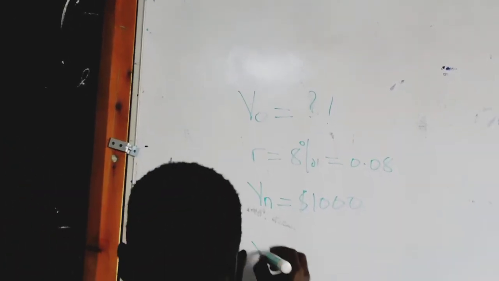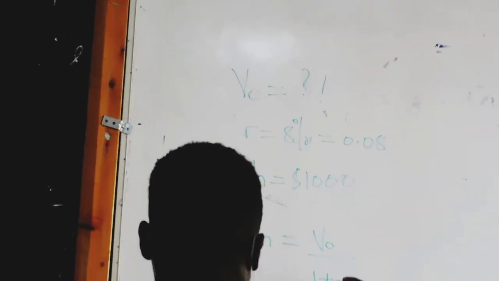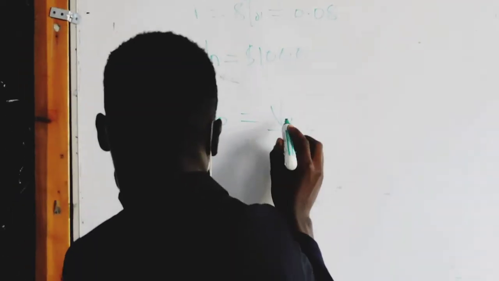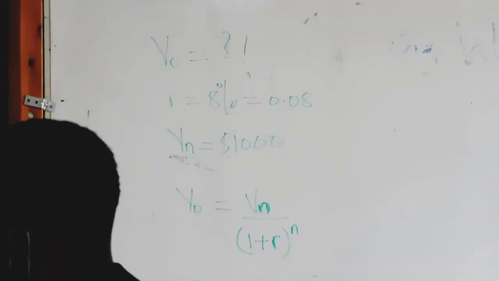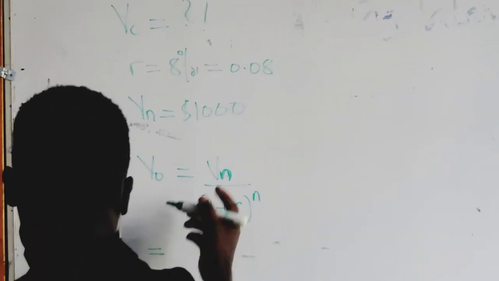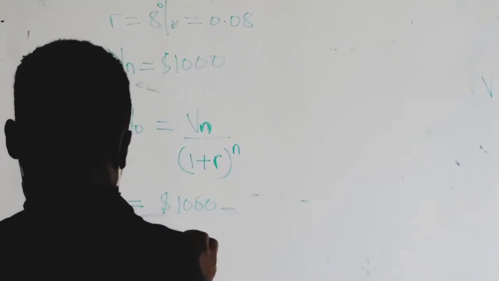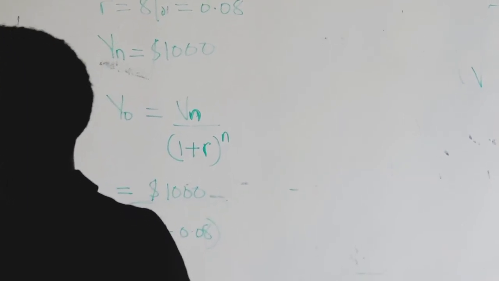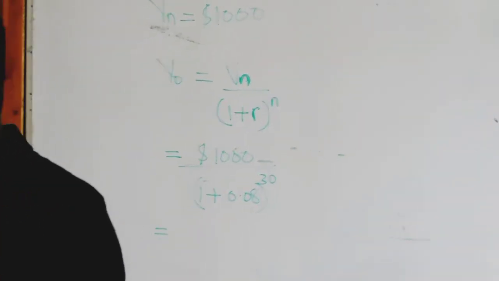Remember the present value formula. We said that Vn is equal to V naught times (1 plus R) power n. Because we are looking for the present value, V naught is equal to Vn over (1 plus R) power n. Now, we have been given the Vn, or the future value, which is US dollars 1,000, then 1 plus 0.08, power the number of years, which is 30 years.